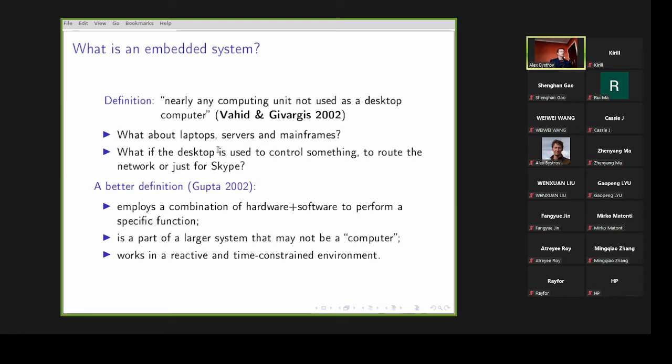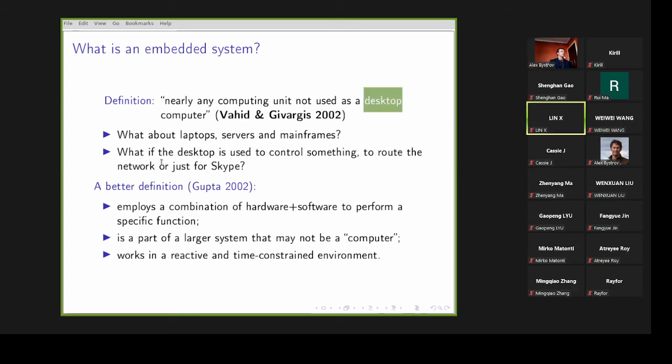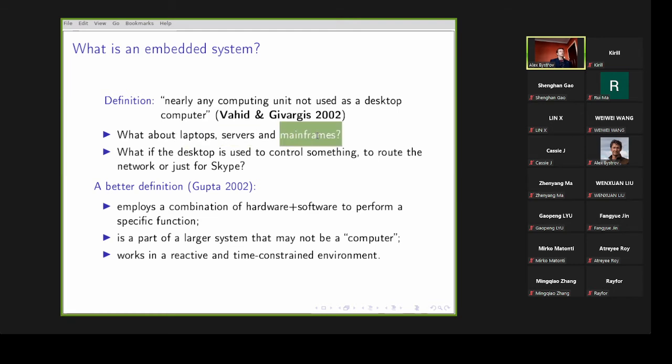So a desktop potentially may become an embedded system according to this definition, although it contradicts the desktop statement. And laptops, servers, and mainframes can be used for non-embedded applications, although they are not listed here because only the desktop is listed. So not a good definition.